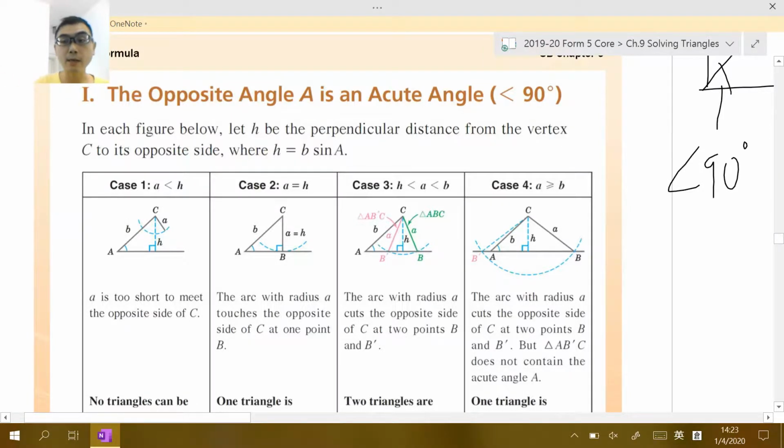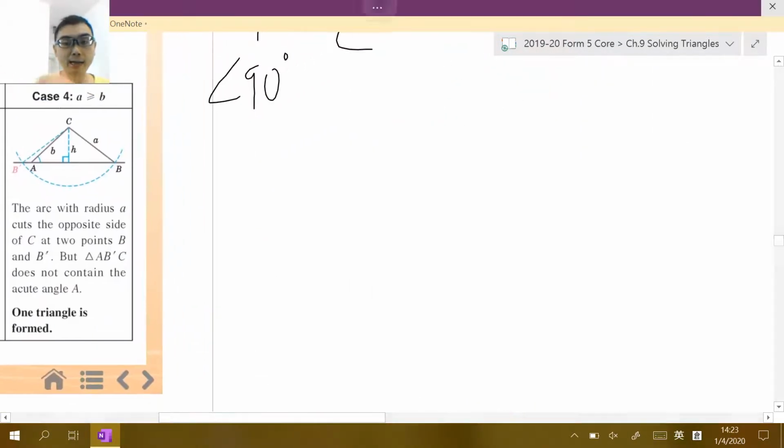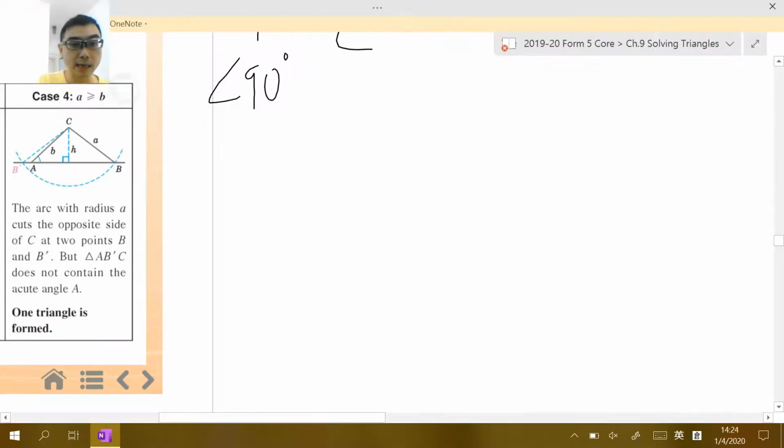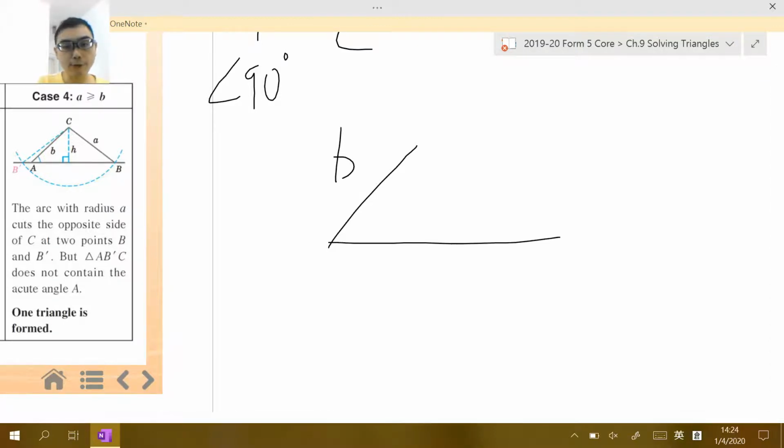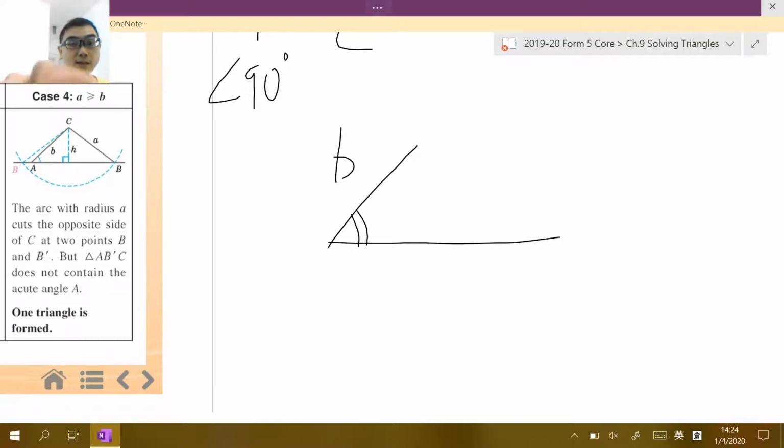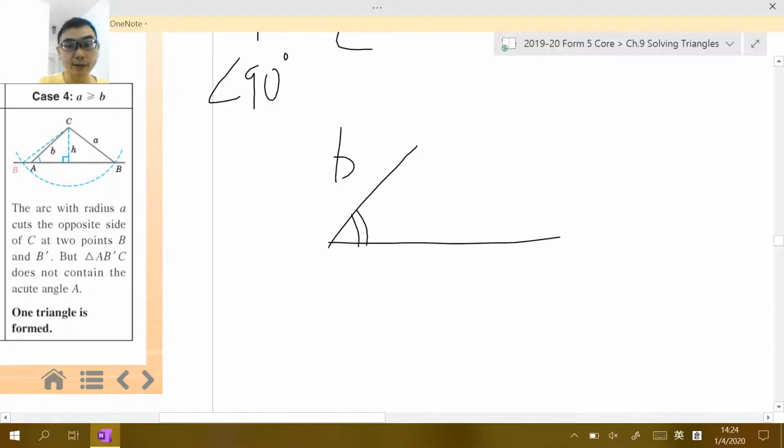So what does it mean? It means that if I say this one is B, and now, for example, I want to fix this angle, unchanged. But if I talk about the length A, you can understand that A cannot be too short.